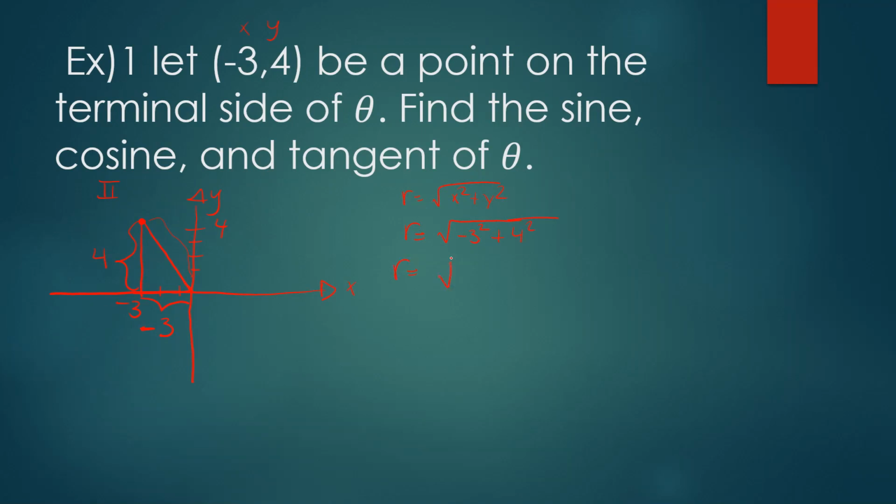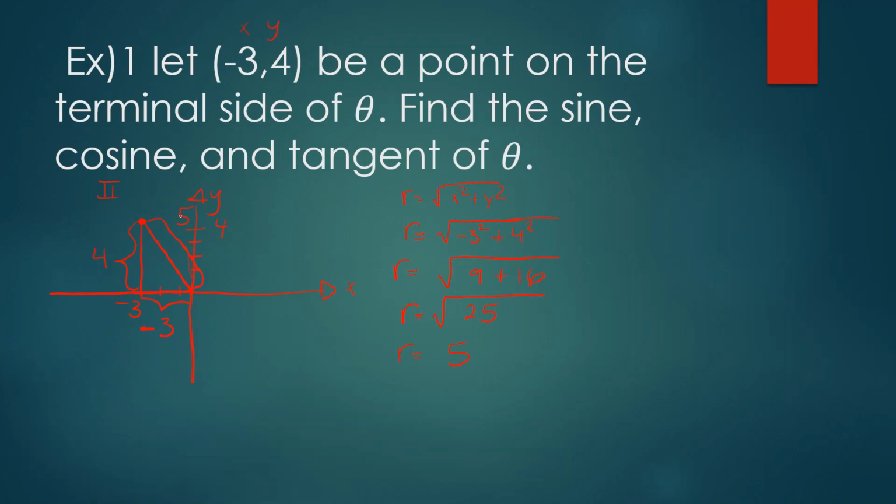That's the square root of 9 plus 16, and 9 plus 16 is 25. So the radius is 5, also known as the hypotenuse. This side length from here to here is 5.